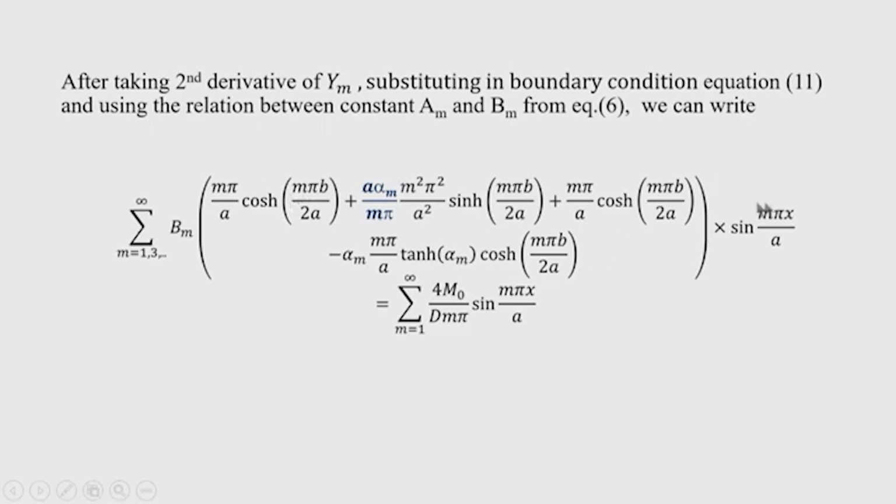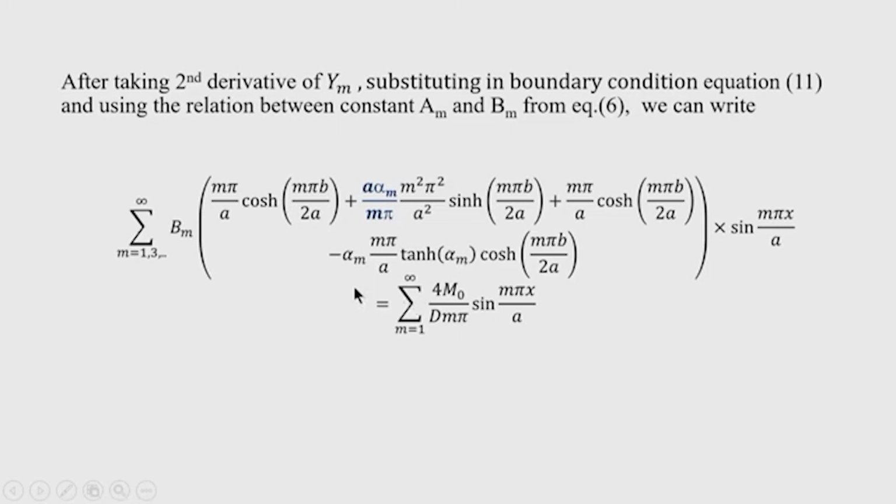Then it is multiplied by sin m pi x by a, which will always be there when we take even derivatives. With even derivatives, the sin term will again appear. The right hand term is f x, which is nothing but this series, 4 M naught divided by m pi, sin m pi x by a. This is nothing but your E m, a constant of the Fourier series.